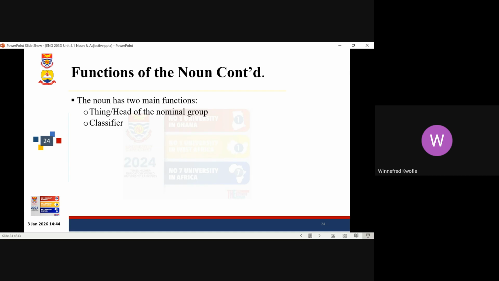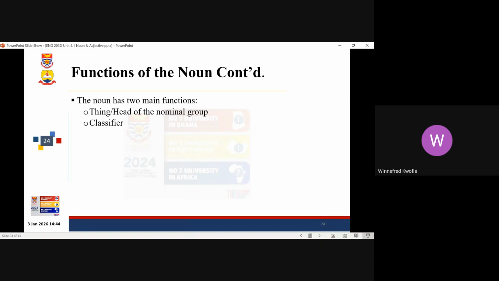Then let's look at the functions of nouns. Now, the functions of nouns, we've already looked at functions of nominal groups. So functions of nouns are just like the nominal groups. And we said a nominal group is a group that has a noun as its head word.